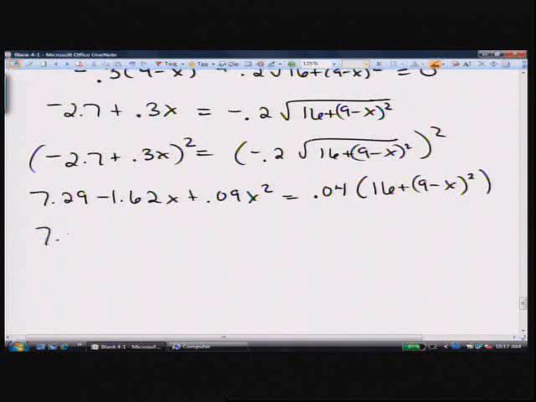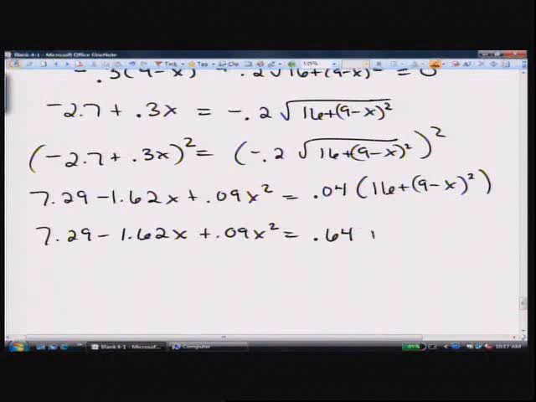So we have 7.29 minus 1.62x plus 0.09x squared equals 0.04 times 16, plus 0.04 times (81 minus 18x minus x squared).